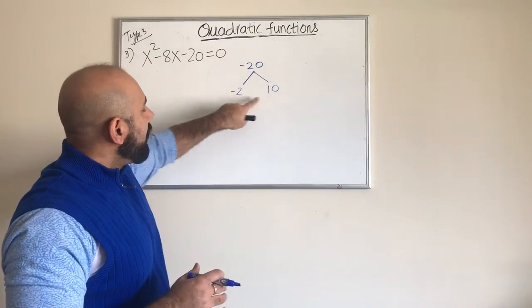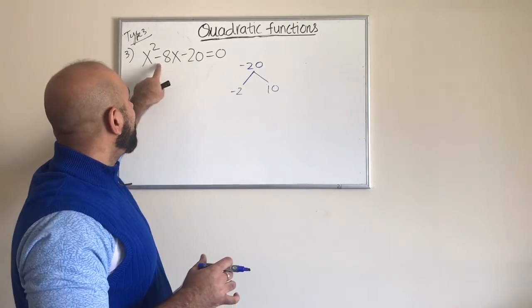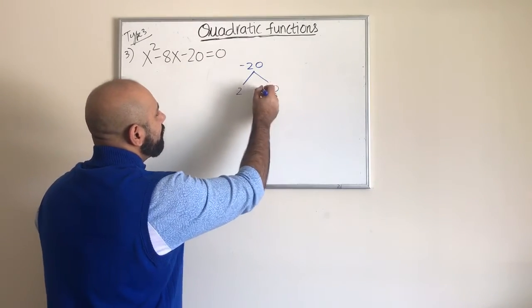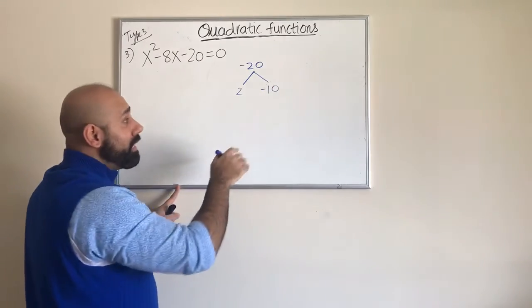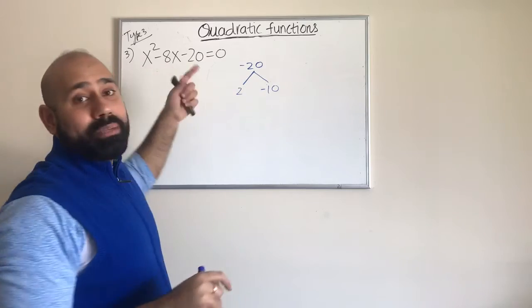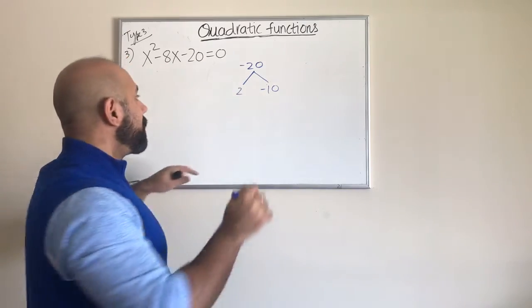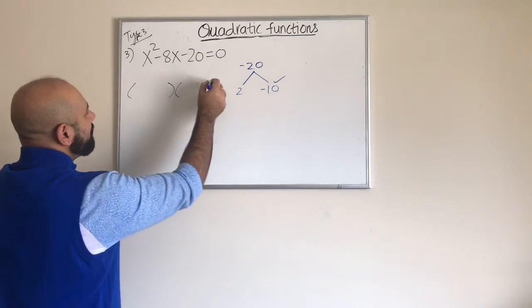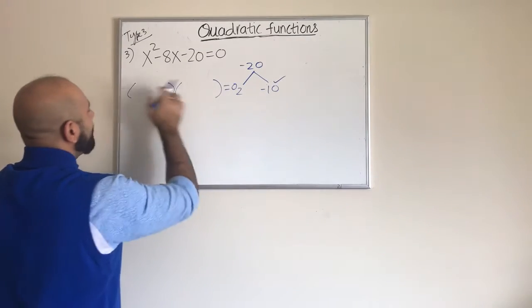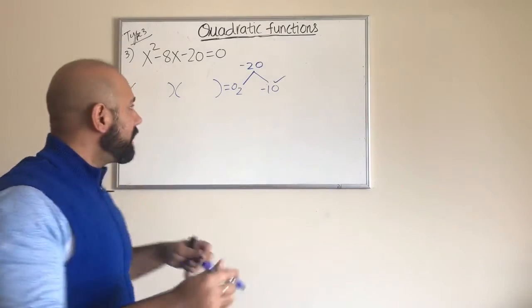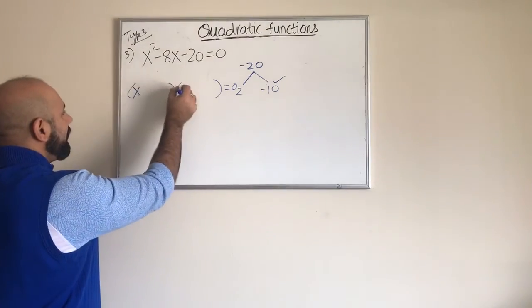So this times this gives me this, but if I add these two, I don't get negative 8. But what if I put this negative in front of 10? Well, if I multiply these two, I'll still get negative 20, but if I add them, I will get the middle term. So that's what we need. Once we have the right factors, you simply start by drawing two parentheses, which are basically for two factors, and we write an x here and an x here.